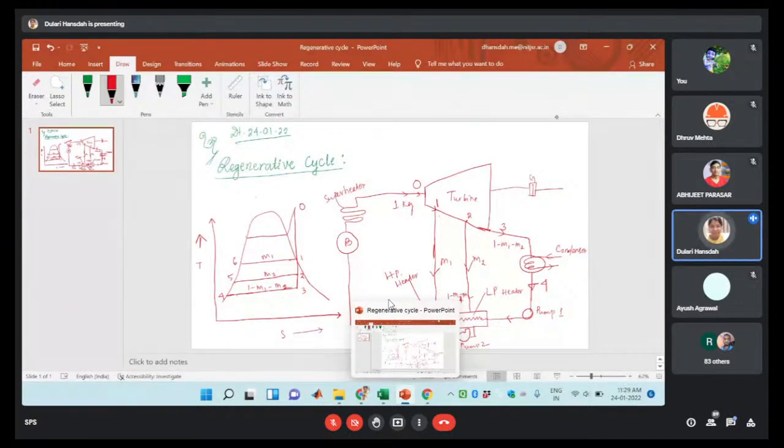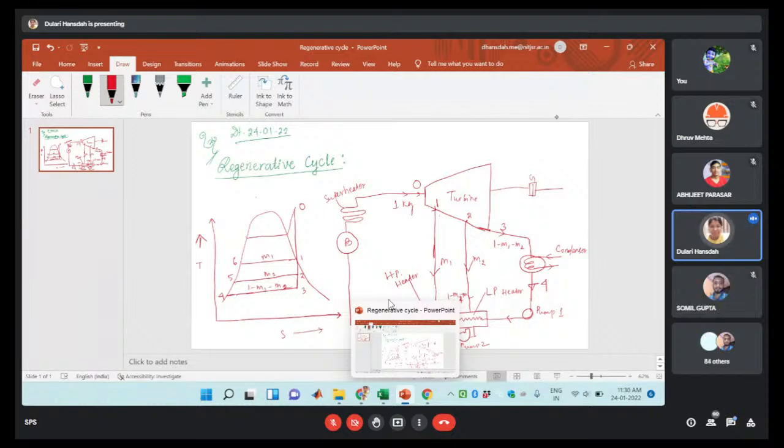Another way is that in the cycle itself, you can control the mean temperature of heat addition in such a way that the amount of heat supplied will be decreased in the cycle. So at exactly what temperature can we add the heat so that it gives you the maximum cycle temperature, and we can get high power output.